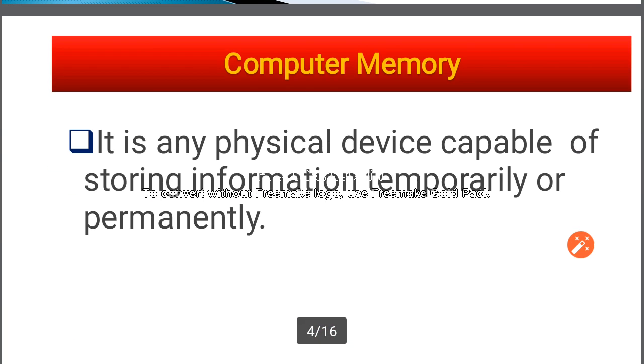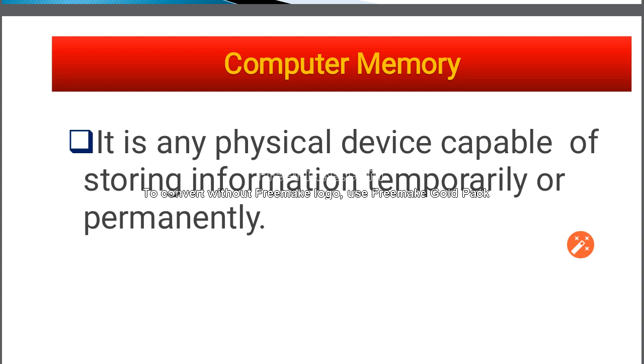Now first let us see what is computer memory. It is any physical device capable of storing information temporarily or permanently. Like we have our brain to store information, in the same way the computer also has some devices.